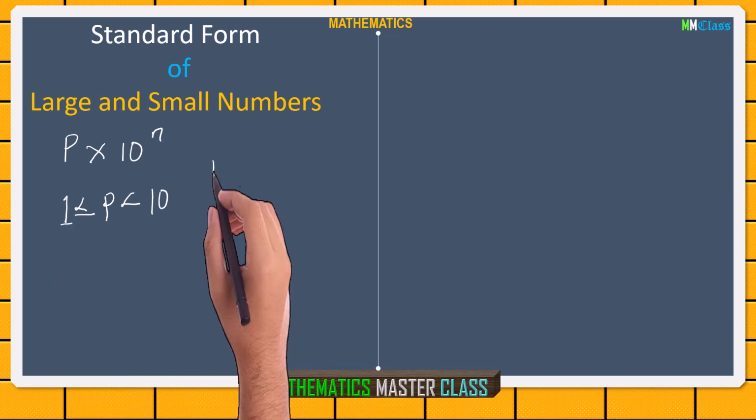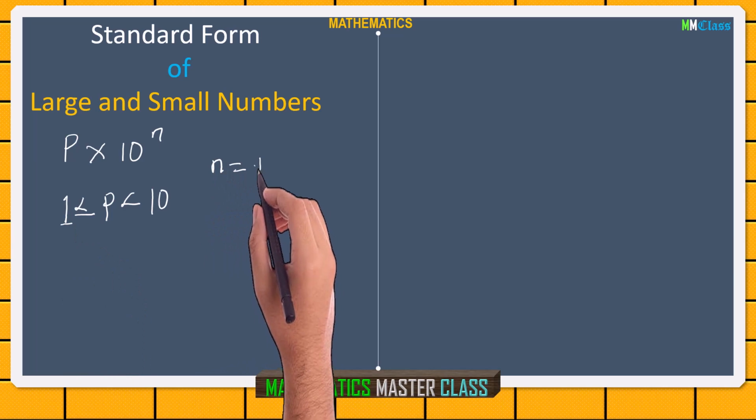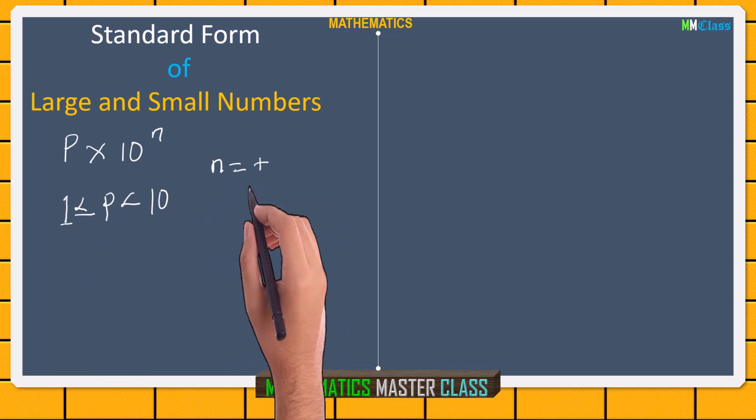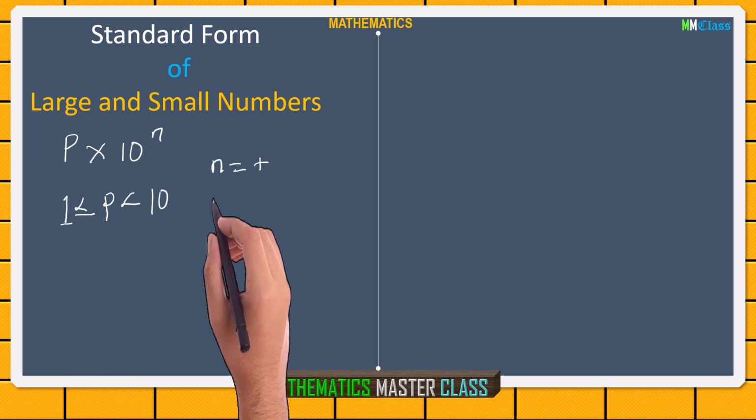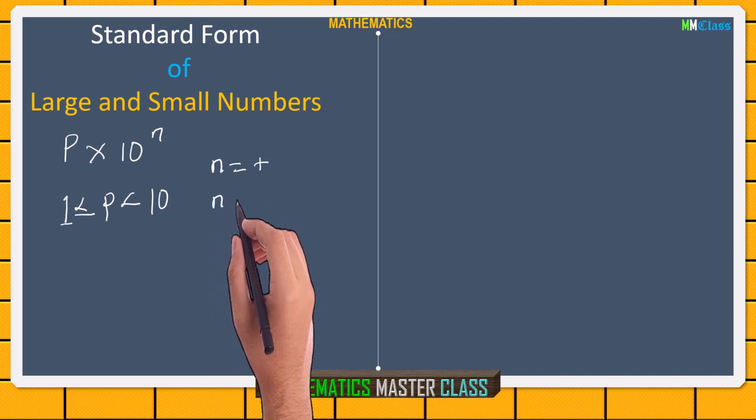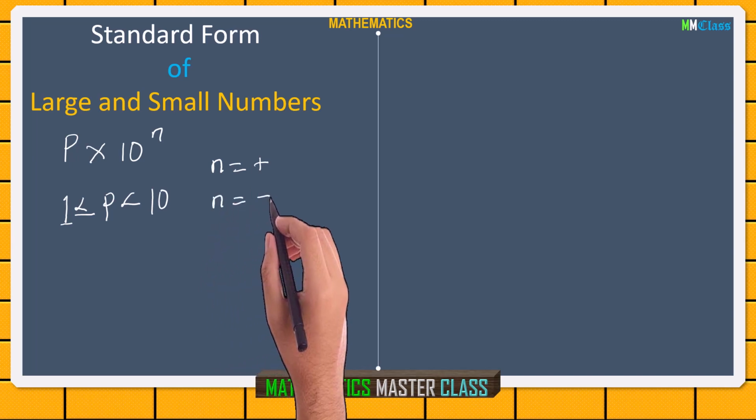And if n is a positive number, that number is a large number. And if n is a negative number, that number is a small number.